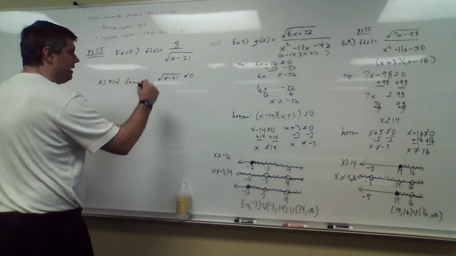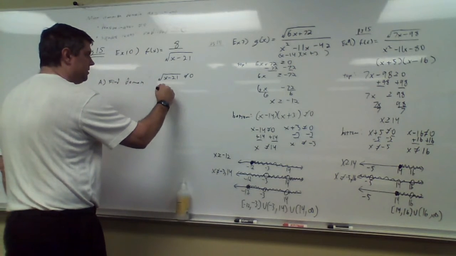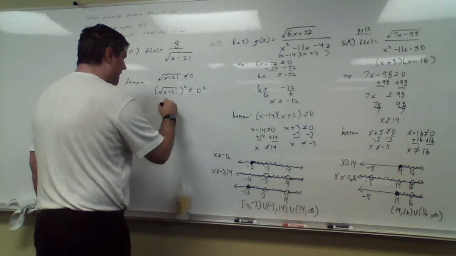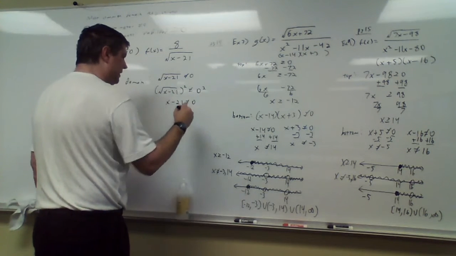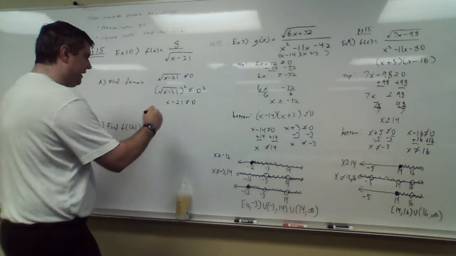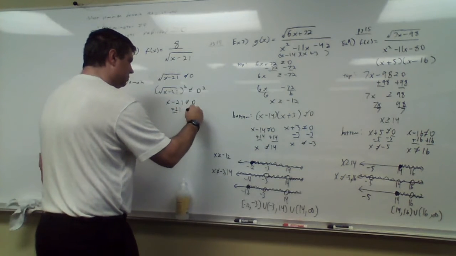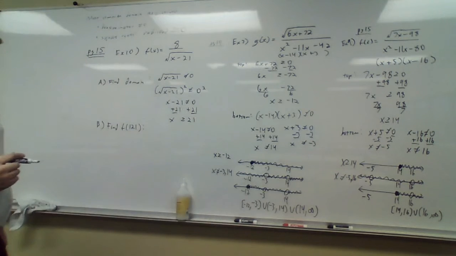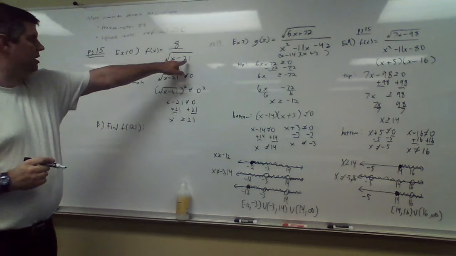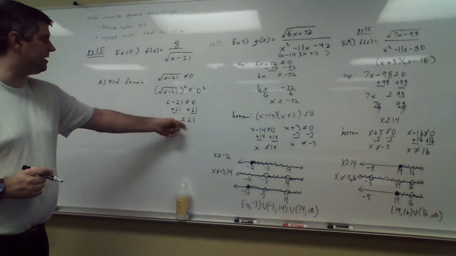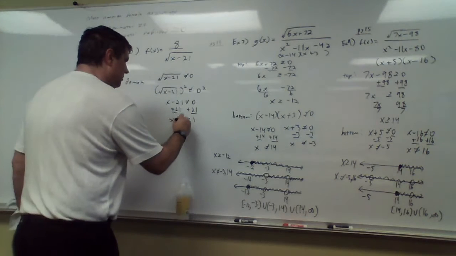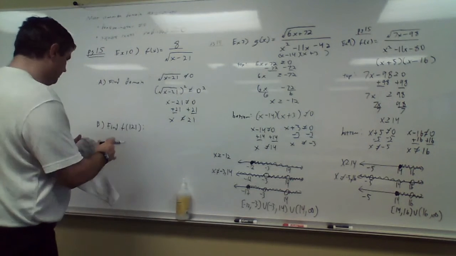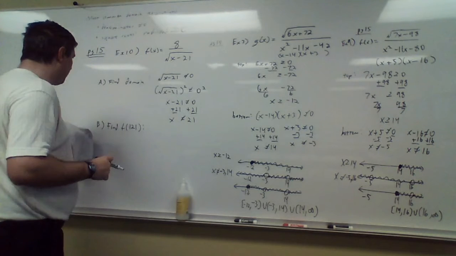If we square both sides, we get x minus 21 cannot equal 0, which means x cannot equal 21. I apologize. And I'm going to continue the problem over here.